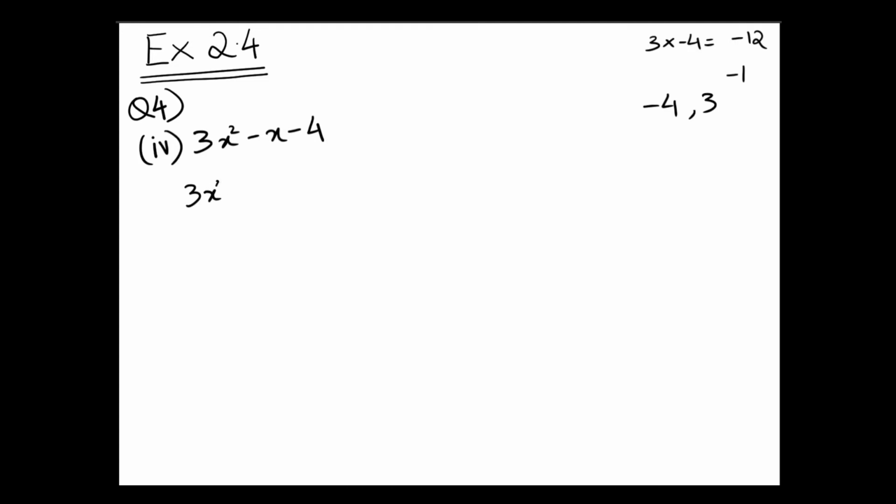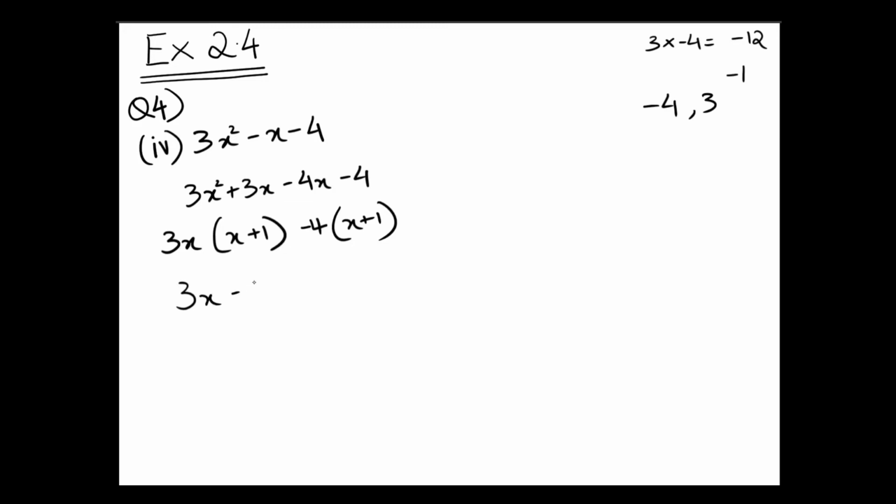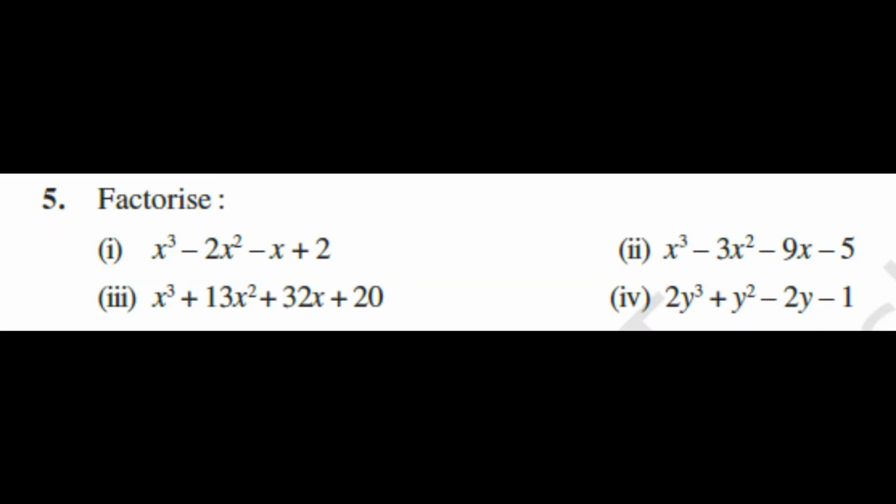So here we can write this as 3x square plus 3x minus 4x minus 4. Taking 3x common from the first two terms, I get x plus 1. Taking minus 4 common from the next two terms, I get x plus 1 again. This gives me 3x minus 4 into x plus 1. That's how we factorize the fourth part.